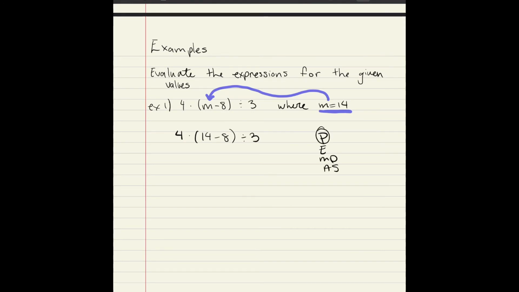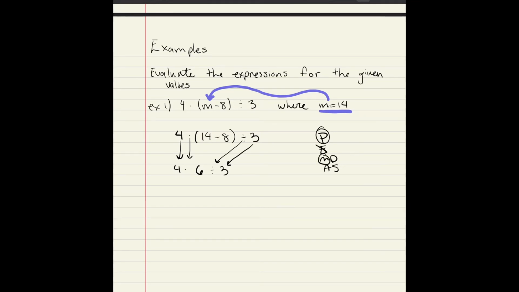So I start with parentheses because I have those. So I need to rewrite what I am not using, which is 4 times. And 14 minus 8 would be 6. And bring down what I did not use. And I don't have any exponents.